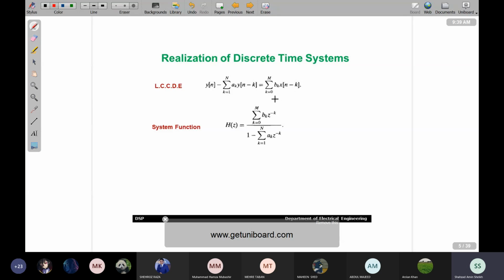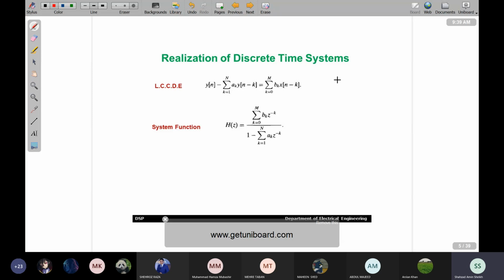We have seen these in chapter number 2, chapter number 3 and chapter number 5. That's the moving average portion, that's the autoregressive portion. And if we are interested in getting the system function, what we do is take the z transform of that.